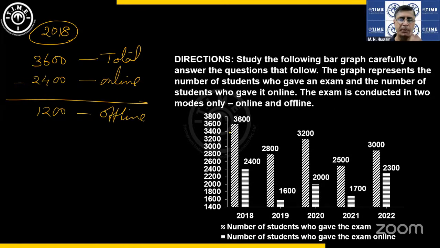The students who appeared in the examination in offline mode. In the same manner, 2800 minus 1600 is 1200. 3200 minus 2000 is 1200. 2500 minus 1700, 800. 3000 minus 2300, 700. These are the numbers of students who appeared in offline mode of examination.